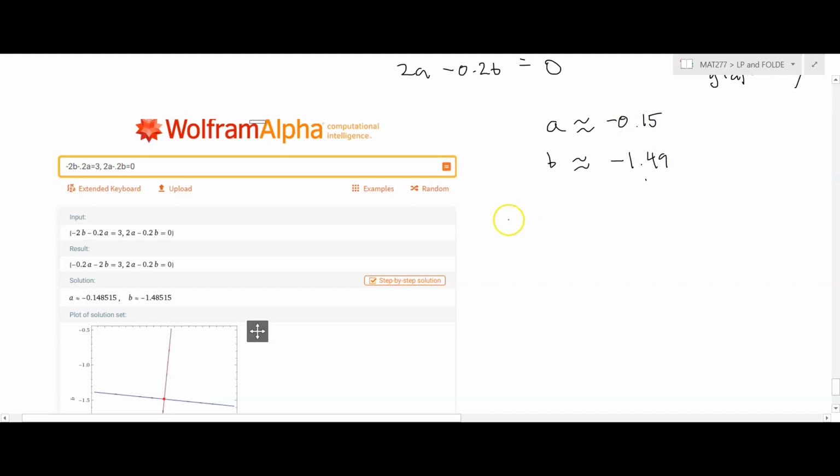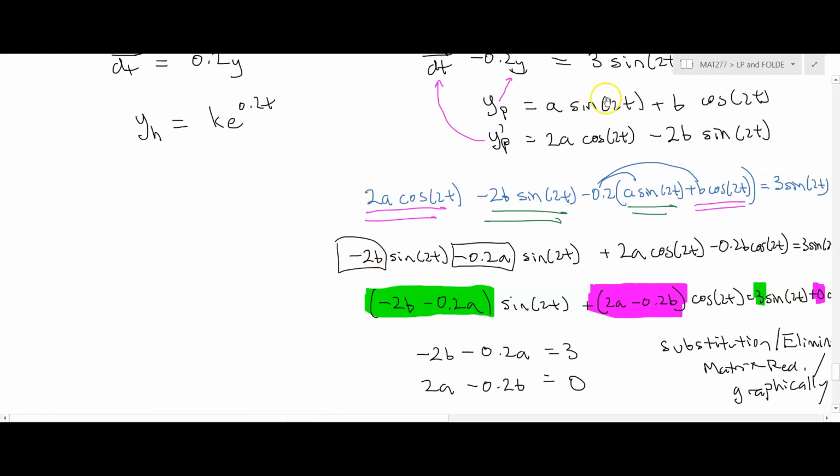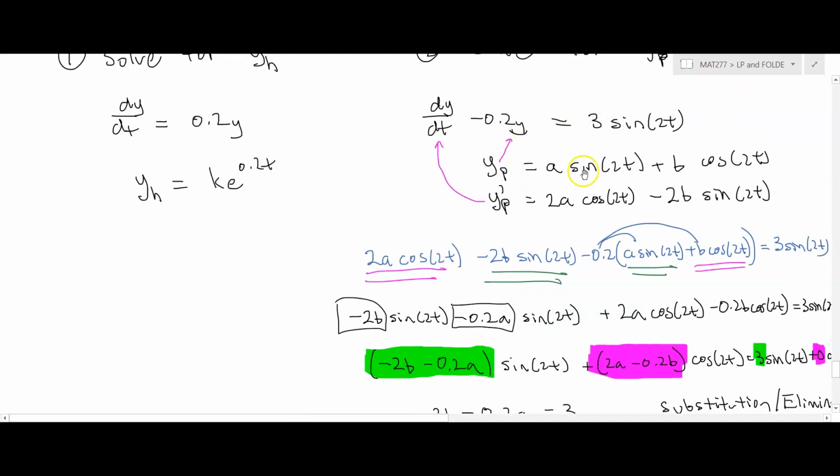And so that means that my y particular, which is a sine bt, which is negative 0.15 sine of 2t, minus 1.49 cosine of 2t. That's my particular solution. So going back here, remember we set off to find the values of a and b to make this particular solution satisfy the equation.